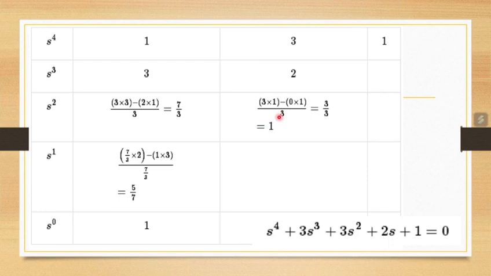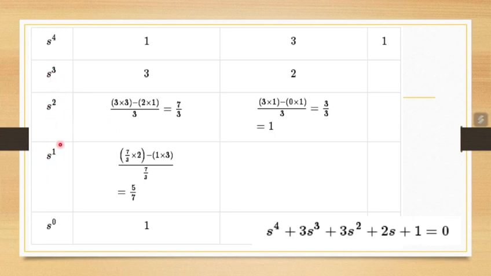For the next element, again we'll consider this to be the base here. We'll multiply 3 into this element 1, then minus 1 into 0, right? If we simplify this, 3 by 3 is going to be 1. Then for the next row, we'll do the same mathematical calculation, but we'll take the adjacent two rows.